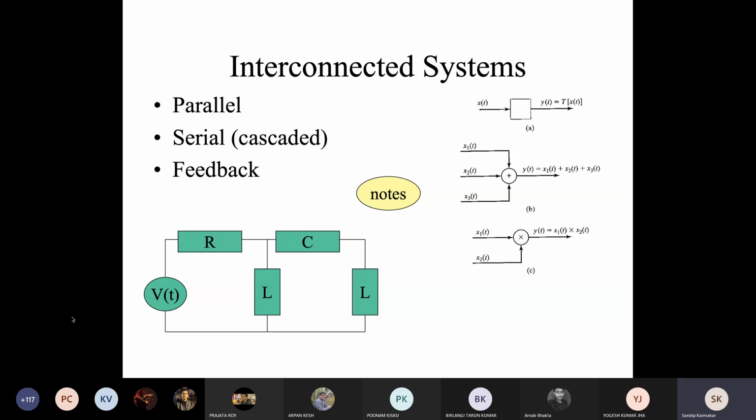Okay, can you write the equation for this circuit?